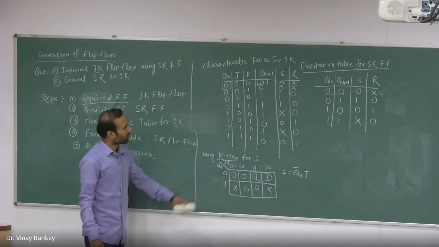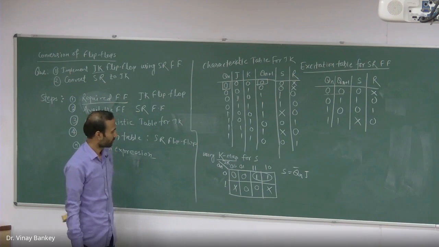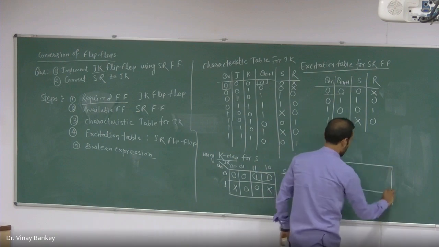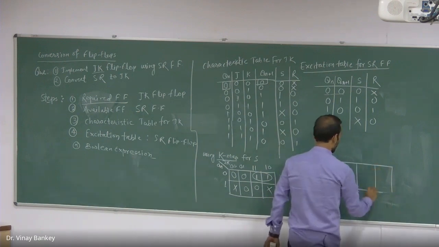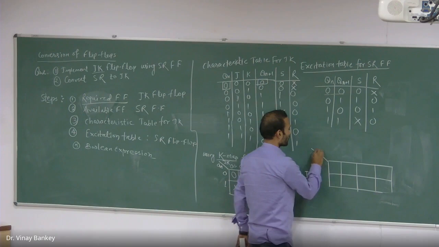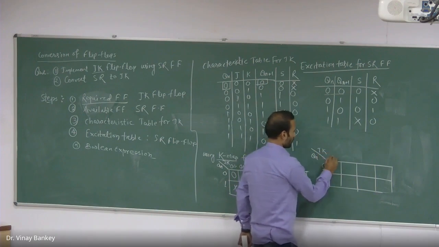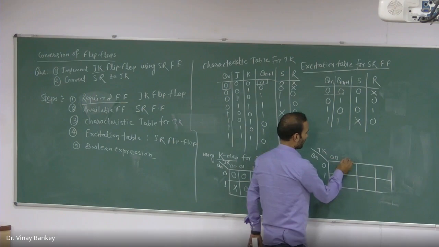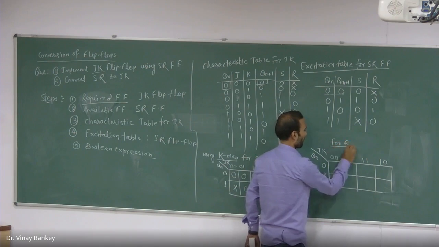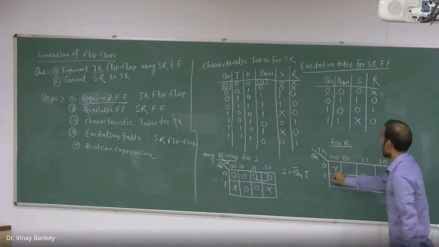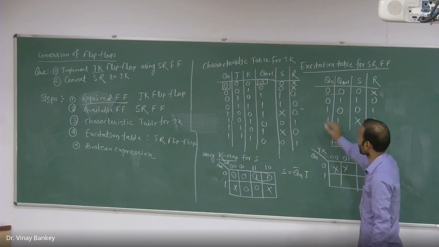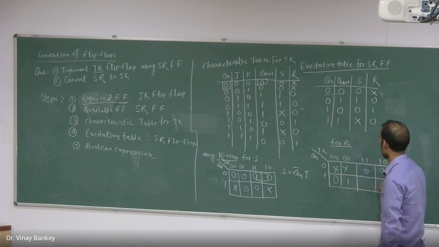Similarly, you will solve this for R. So for R, we have three variables, that is Qn, J and K. Have you obtained the simplified expression for R? Don't care, 0, 0, then 0, 1, 0 and 1.